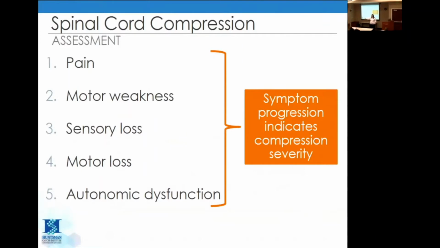How many of you have back pain right this second? So how on earth am I going to catch spinal cord compression in the pain stage? If it's new back pain, I'm going to start interrogating my patient about their back pain. How else am I going to find it in the pain stage?